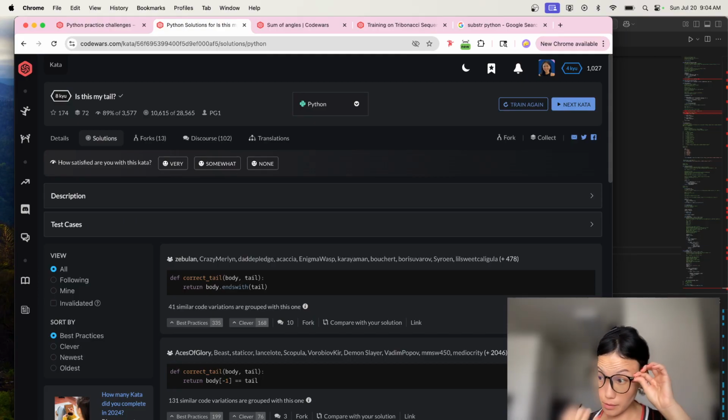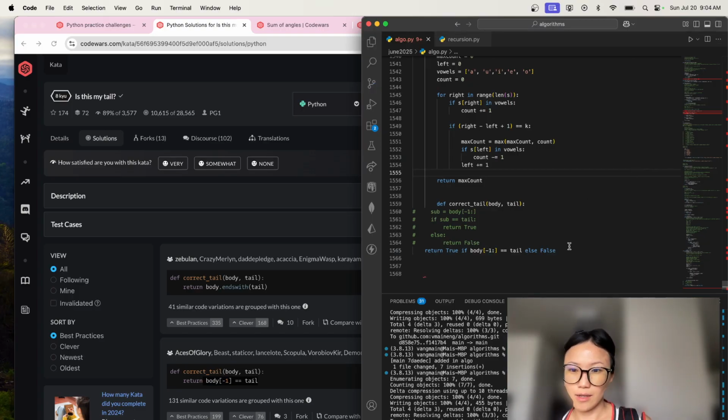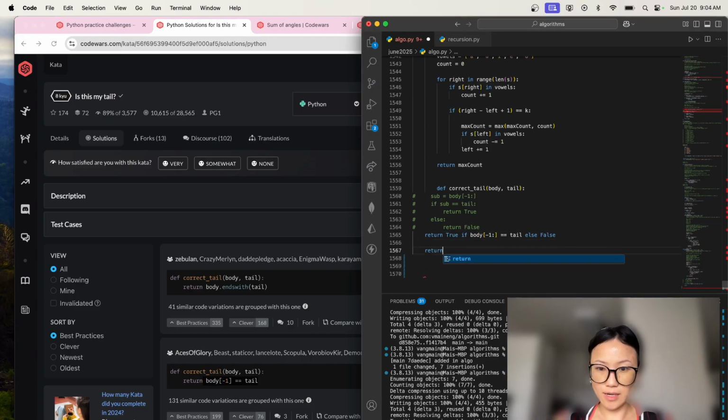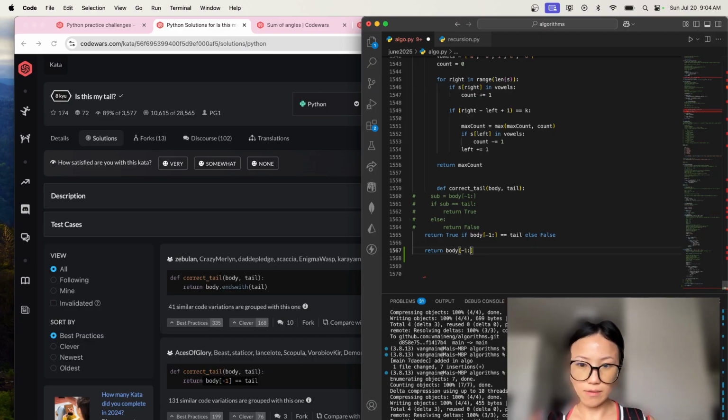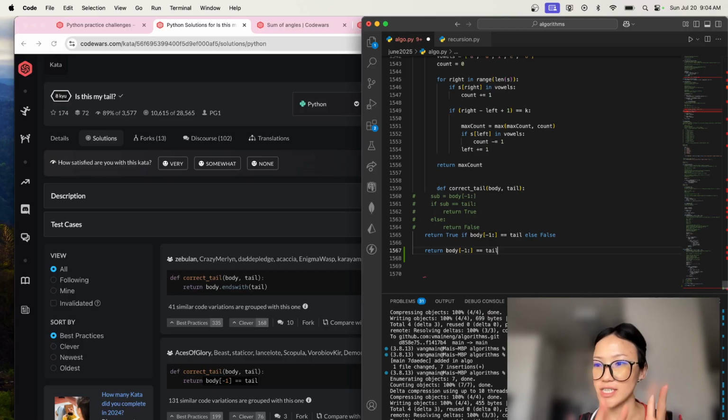That is true. Because this is going to check it already. Oh, you're right. If body minus 1 is equal to tail. Because that would return true or false already based on checking.